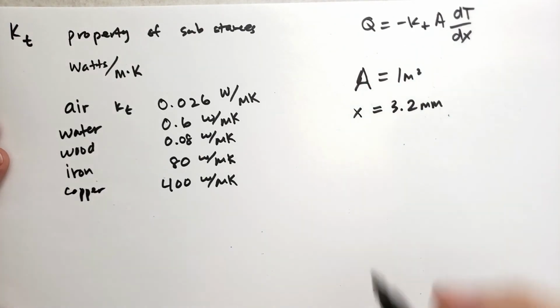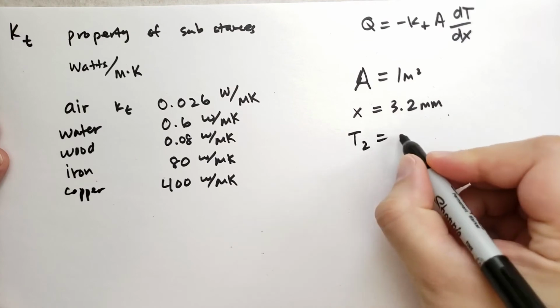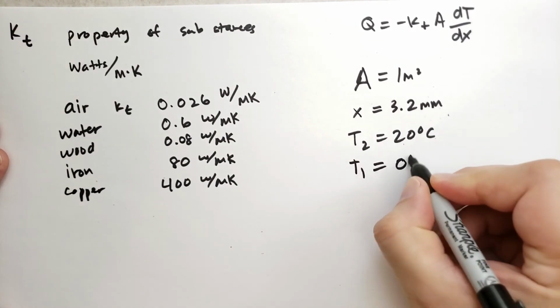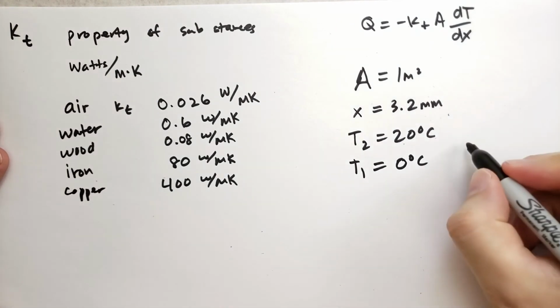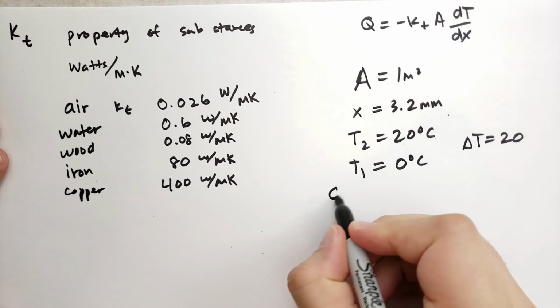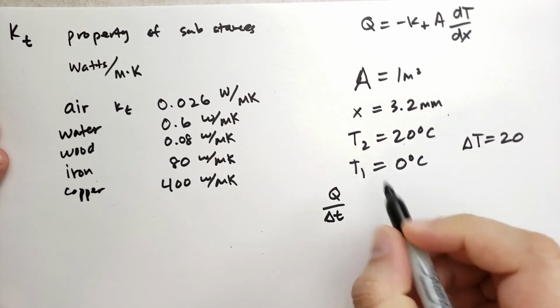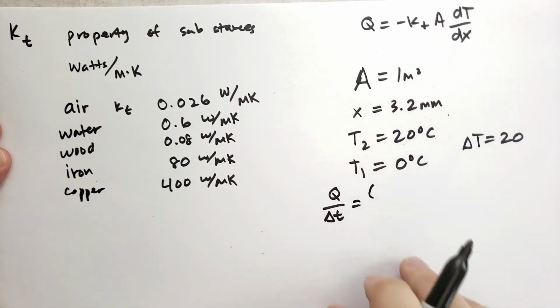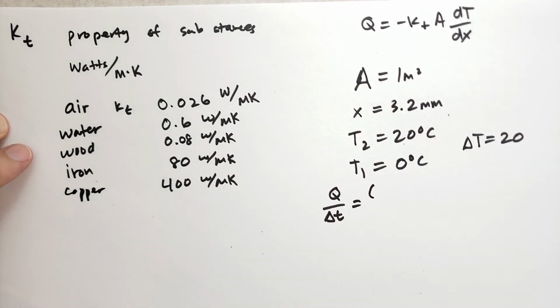If the temperature inside, T2, is 20 degrees Celsius, and the temperature outside, T1, is 0 degrees Celsius, then delta T is 20. So we can calculate Q over delta t. So the heat flow is equal to, well, where's glass? Glass is 0.8.